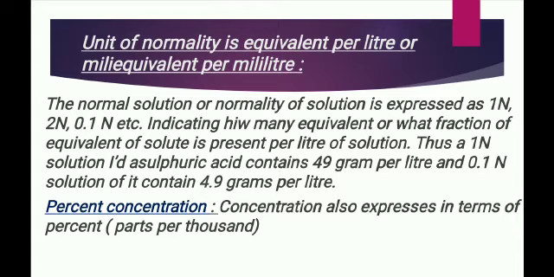Percent solution. The concentration is also expressed in percent or parts per thousand. When percent solution is mentioned, for example 1%, the numerical value indicates the weight of the solute, while the percent symbol indicates the amount of the solvent. 1% means 1 gram of solute dissolved in 100 ml of water or 100 ml of the solvent.